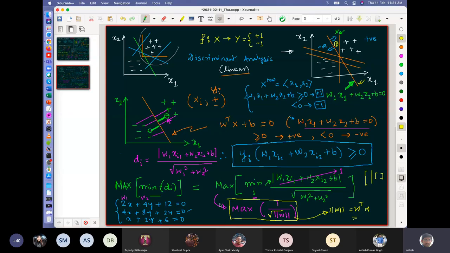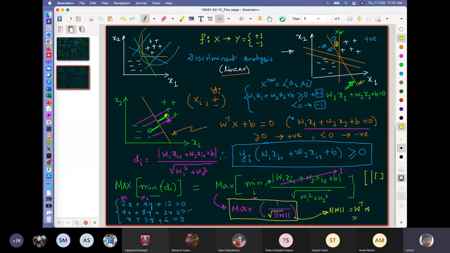Sir, can you please once again explain the numerator term being 1? Among all the training points given to you, you want to take the training point from which your perpendicular distance is minimum. This whole inside term will be minimized if you take the training point with the minimum perpendicular distance.